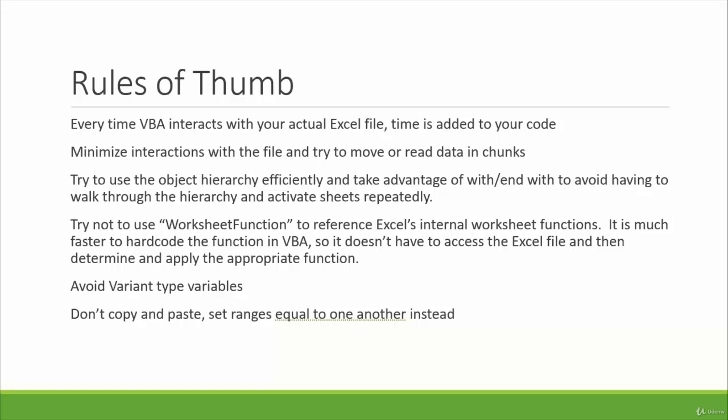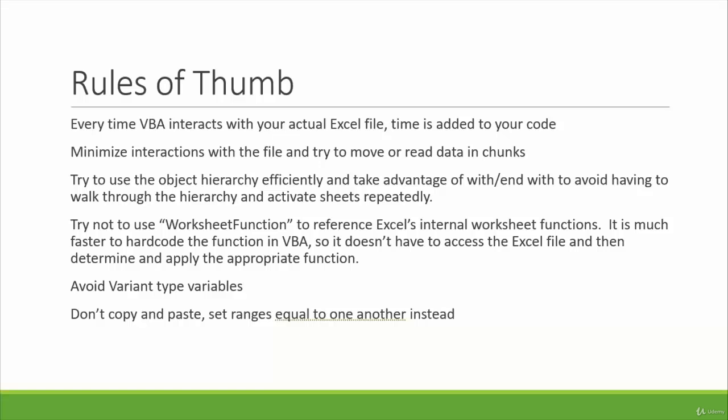And the last thing, and this helps a lot, is don't use copy and paste. You can copy and paste in VBA. You can reference copy and paste functions, but it takes, again, VBA a long time to try to access your Excel file, run the copy functionality, and then access your Excel file again to run the paste functionality. It takes a long time for Excel to actually execute that from VBA. Instead, you can set entire ranges equal to one another.